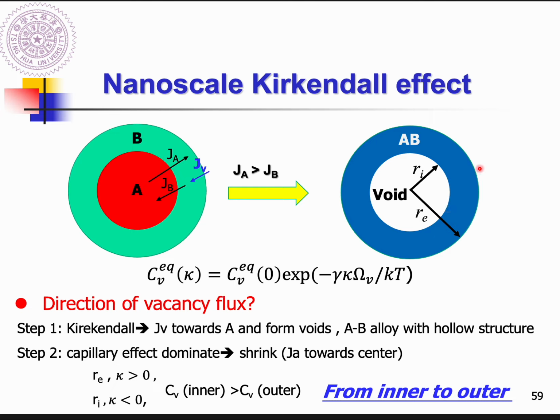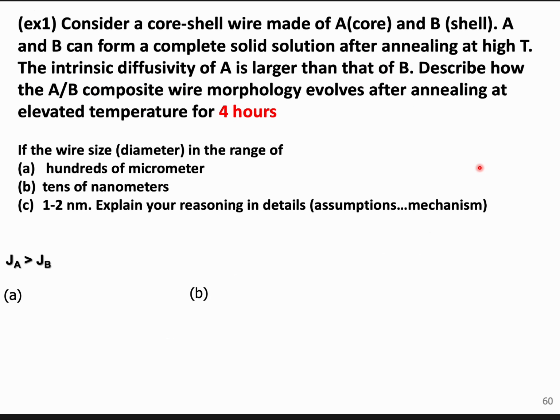Okay, so let's give you two examples before we end this section. The first example: we consider a core-shell wire. Don't forget this is a wire, made of core A and shell B. A and B can form a complete solid solution, meaning an AB alloy after annealing at high temperature.